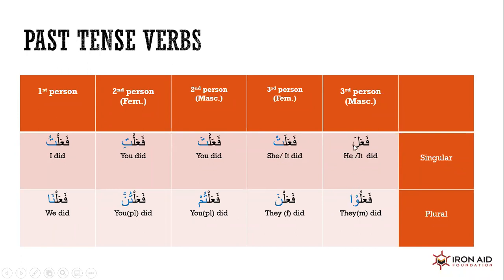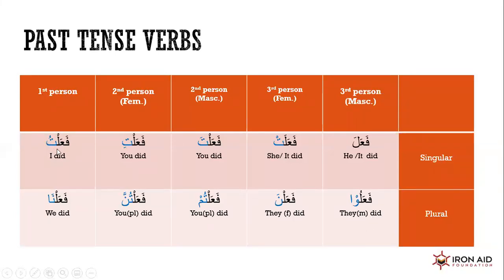So khalaqa, if we got the example khalaqa, it means to create. So if we say khalaqa, it will be he created or it created. If we say khalaqu, that would mean they created.